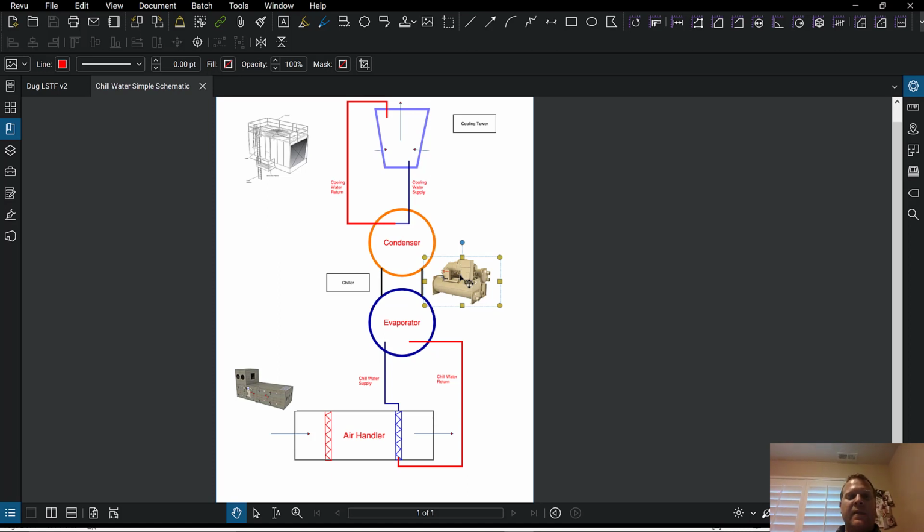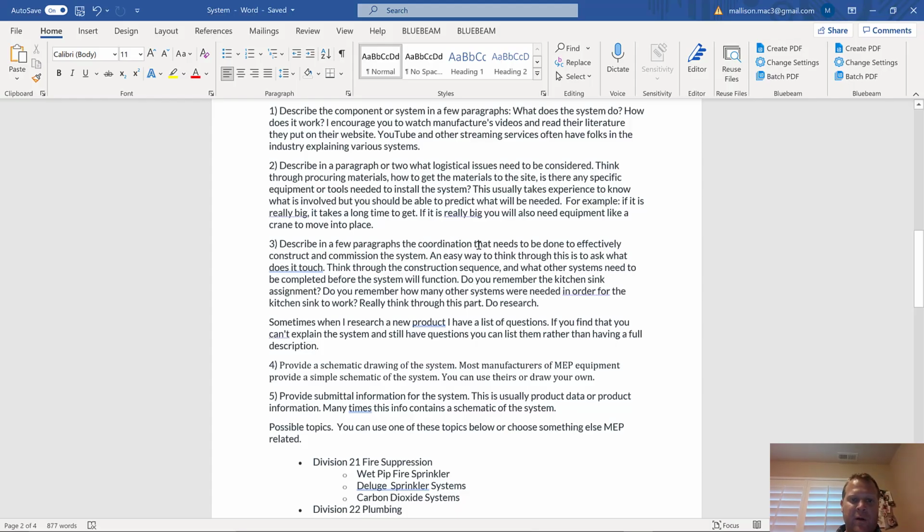And I would want that narrative out a little bit. I would write that in my report, this description about what needs to happen during construction, and then what we need to do on commissioning the system. When I say commissioning the system, it's startup, testing, things like that.